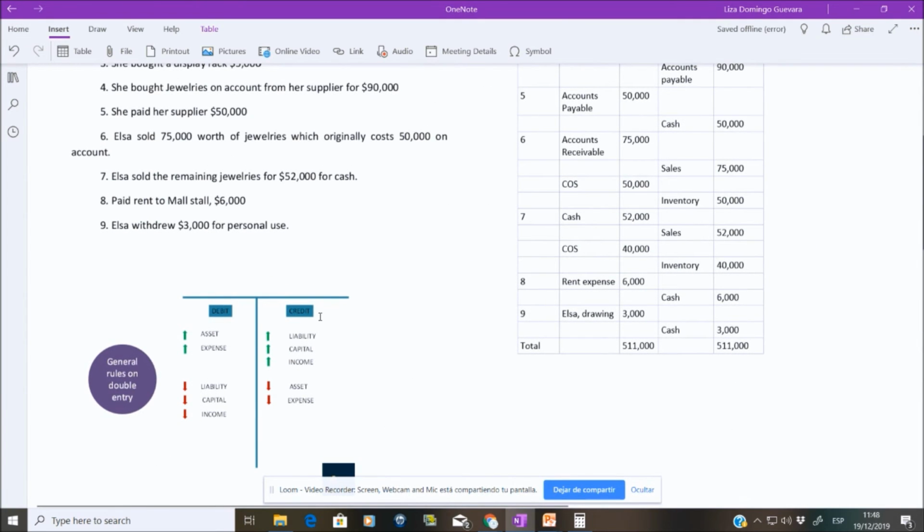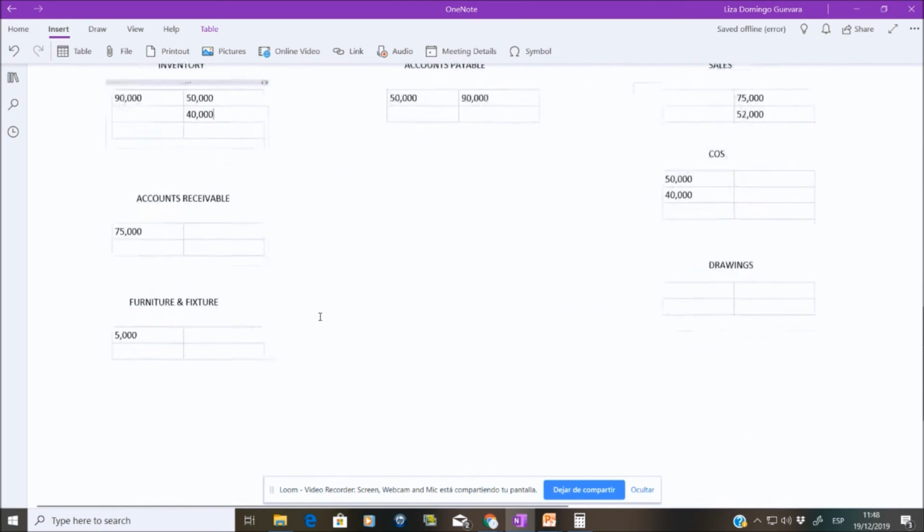Next, we paid rent expense in the amount of 6,000.